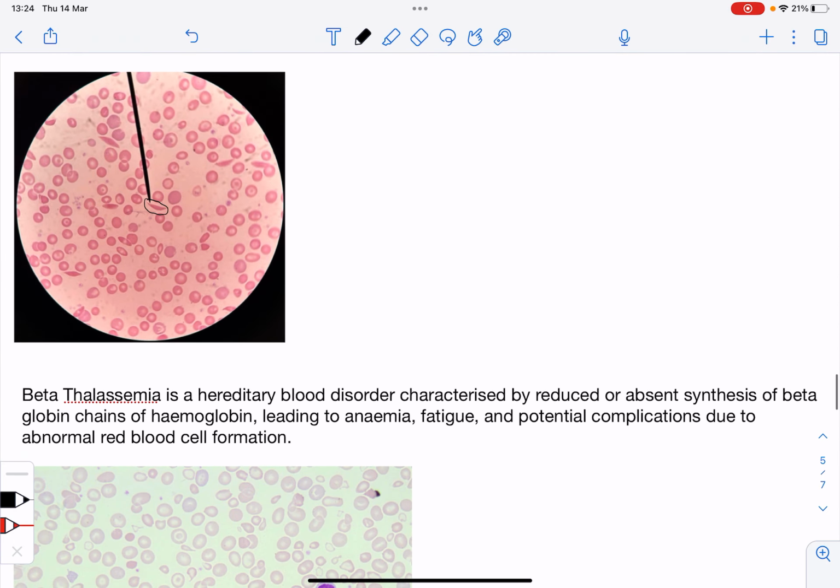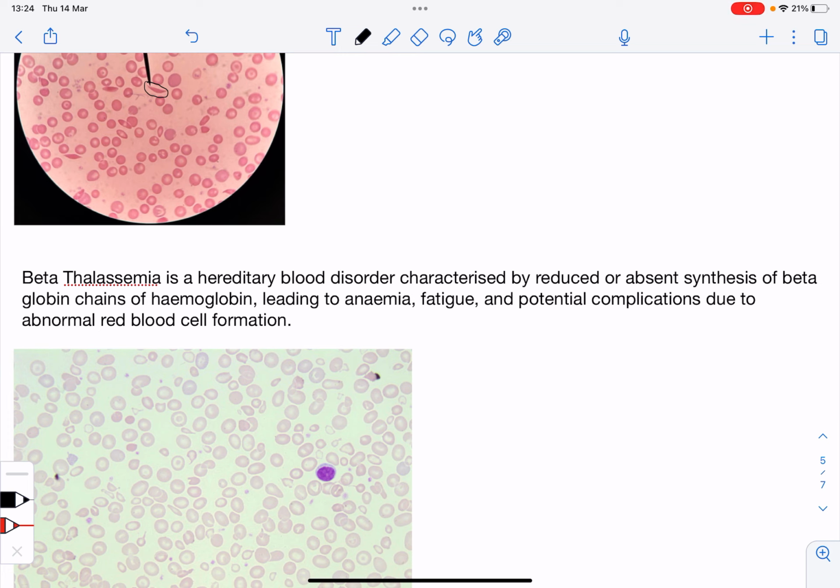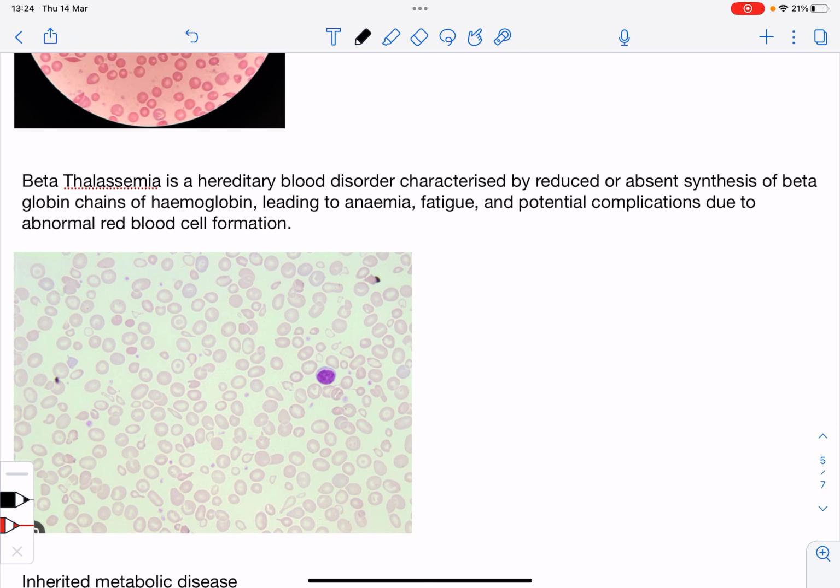Okay. Beta thalassemia is a hereditary blood disorder characterized by reduced or absent synthesis of beta-globin chains of hemoglobin, leading to anemia, fatigue, and potential complications due to abnormal red blood cell formation. So again, the key words here are hereditary blood disorder, something to do with your genetics. You've inherited this from one of your parents, or maybe both.